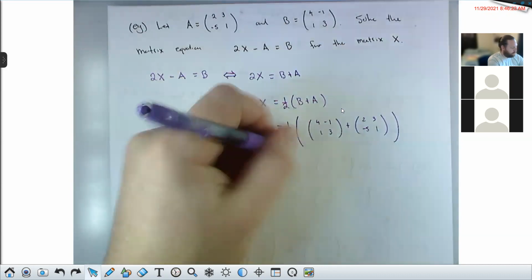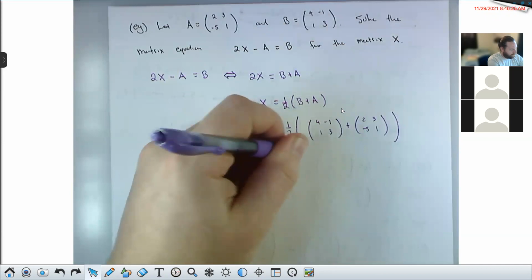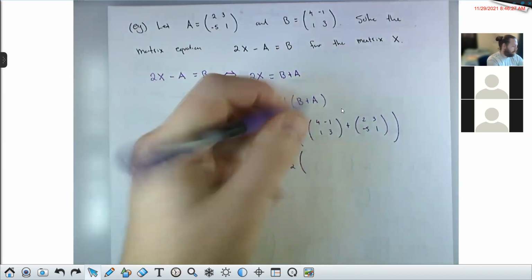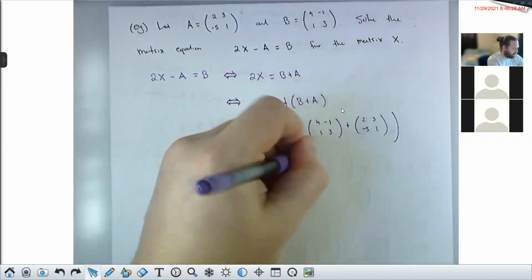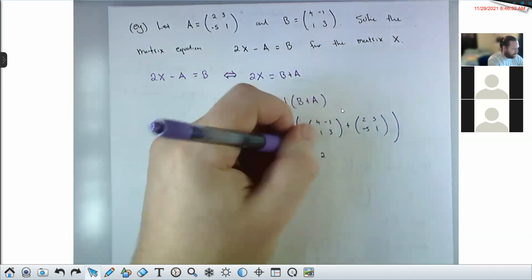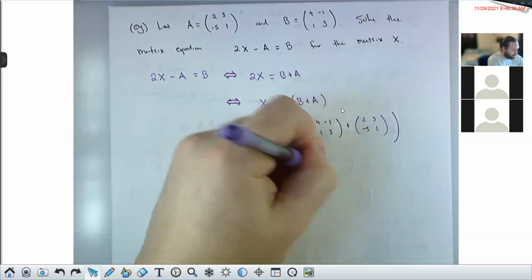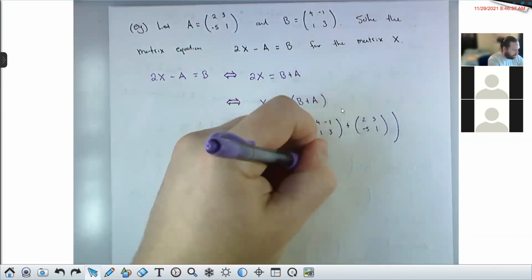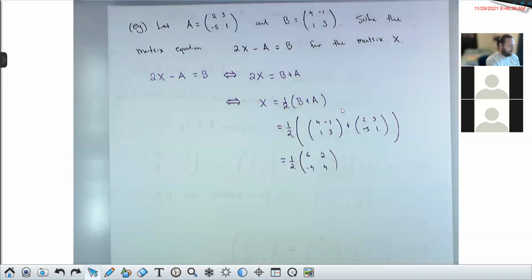If I add those two matrices, 4 plus 2 is 6. -1 plus 3 is 2. 1 plus -5 is -4. And 3 plus 1 is 4.